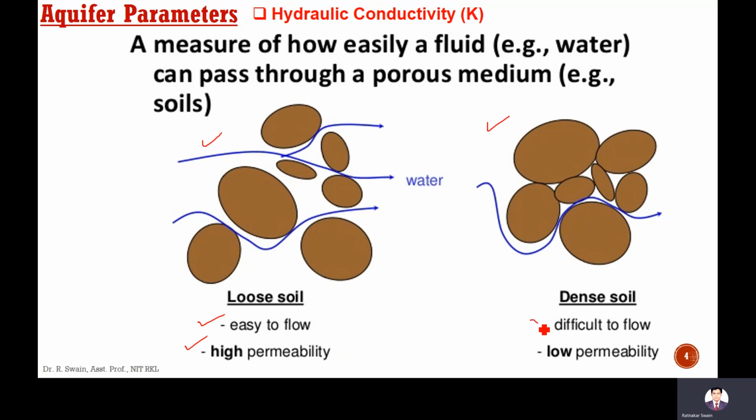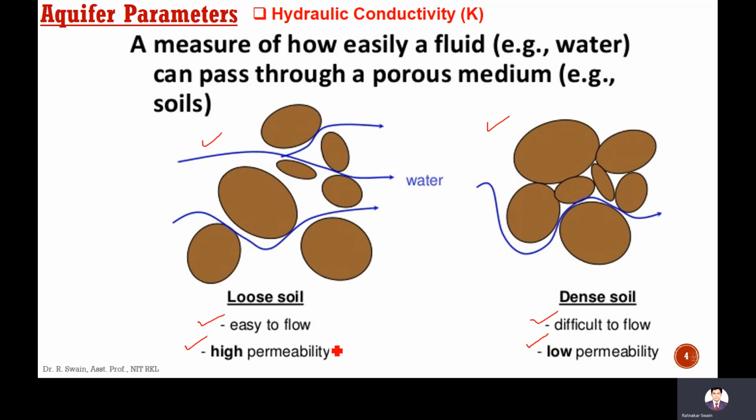Dense soil means it's difficult to flow because the pore space is less, and the permeability will be very low. So if permeability is low, then hydraulic conductivity will be low. Hydraulic conductivity depends upon the permeability.